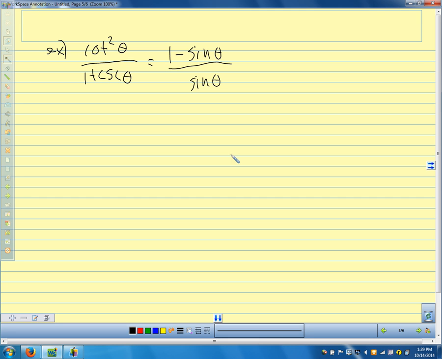Left side? I think the left side looks more complicated. That squared makes it look complicated. So let's work the left side. We could work either side on this one, so we can just pick the left side.